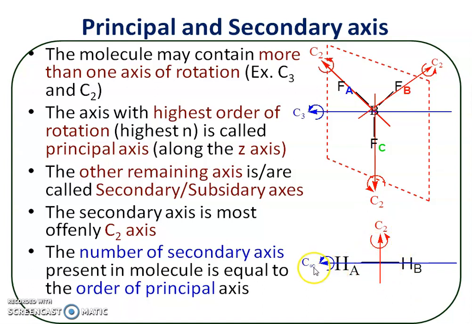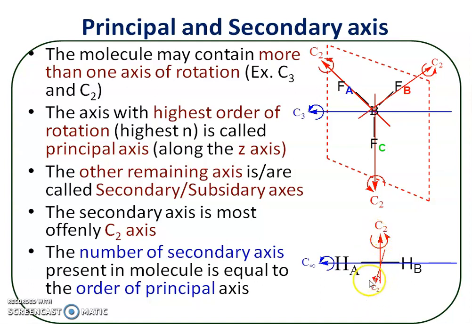Now as per the rule, as I said, in a molecule there are n number of secondary axes, and for the principal axis the value of n is infinity, and therefore there must be infinite number of C2 axes, and this is true. We considered one axis out of infinity. Now consider another axis, at right angle to the initially considered C2 axis.